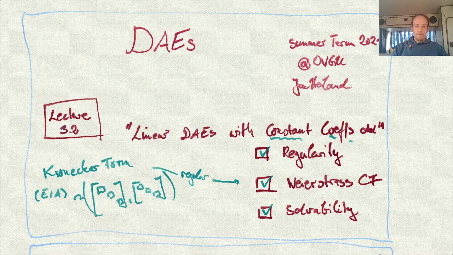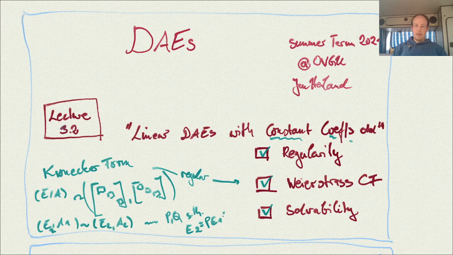What else did we have last lecture? There was this equivalence: E1, A1 is strongly equivalent to E2, A2 if there are P, Q such that E2 is P E1 Q, and the same for A2 is P A1 Q, so that they're related like this.